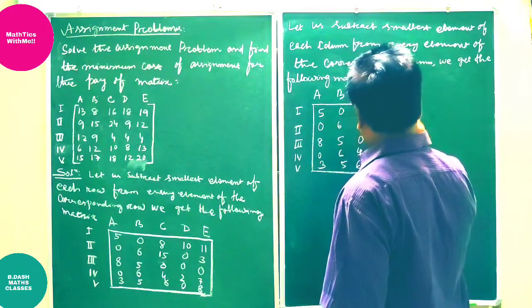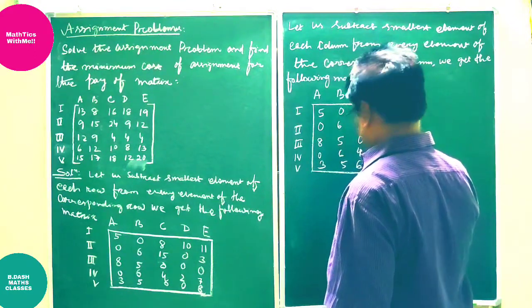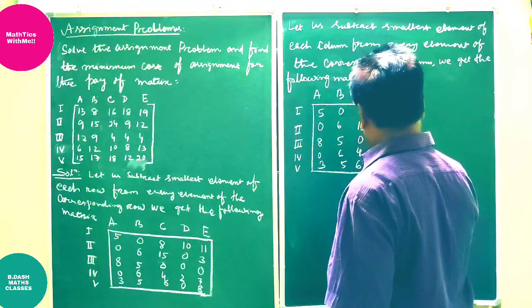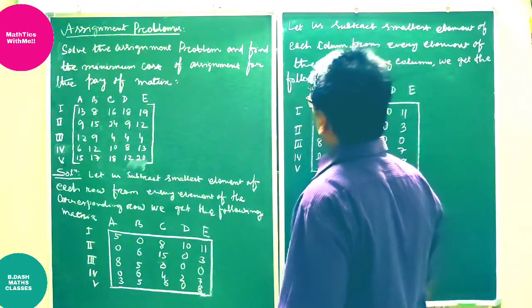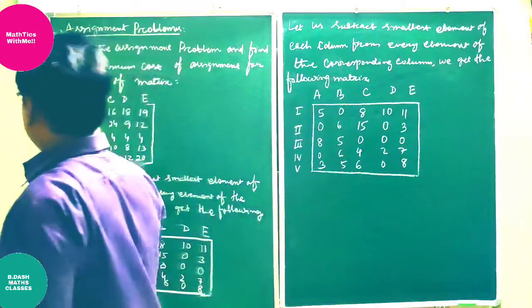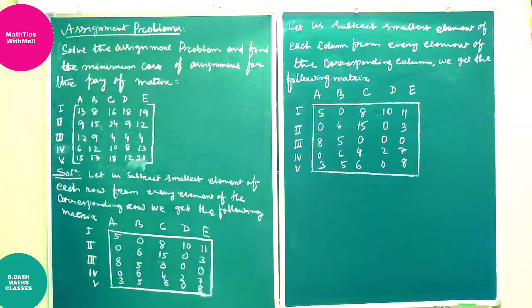Next, the last one is 0, 7, 8. So, after the second step, we are getting this matrix.